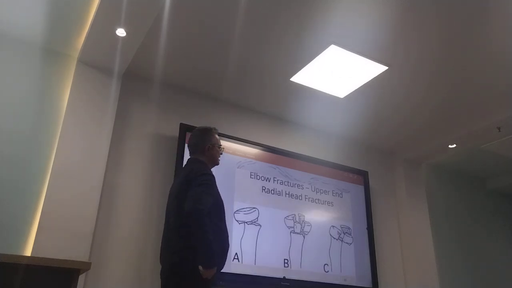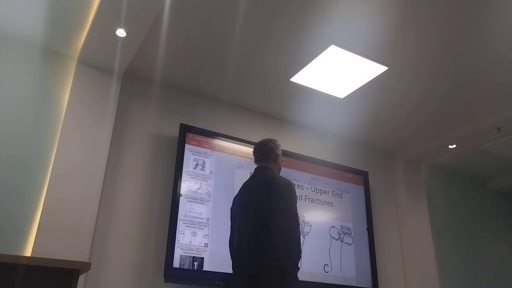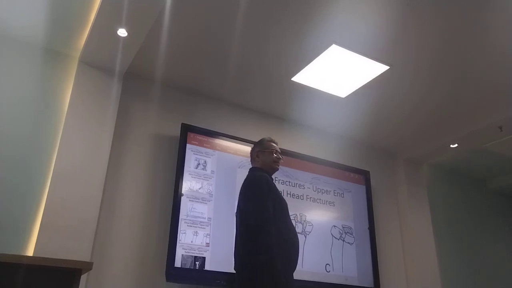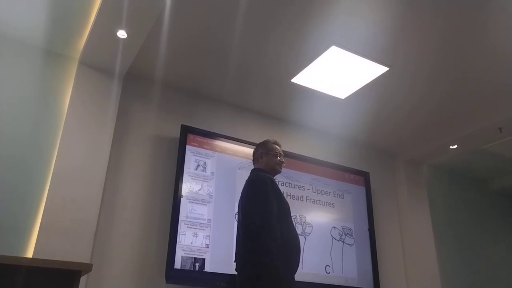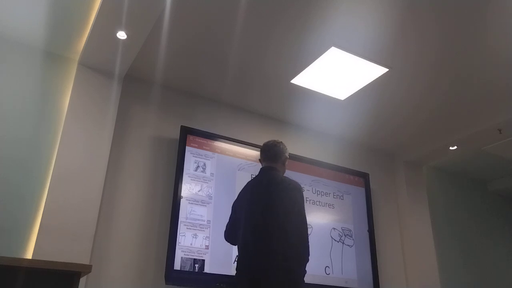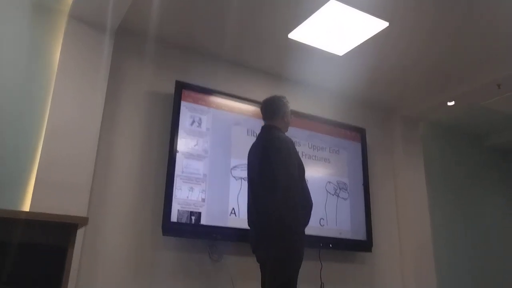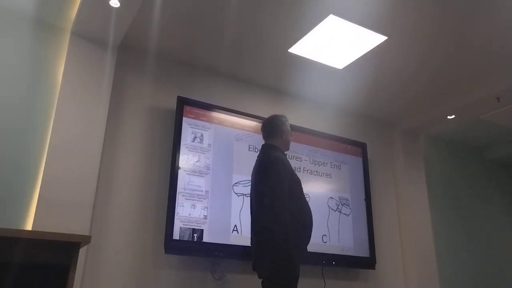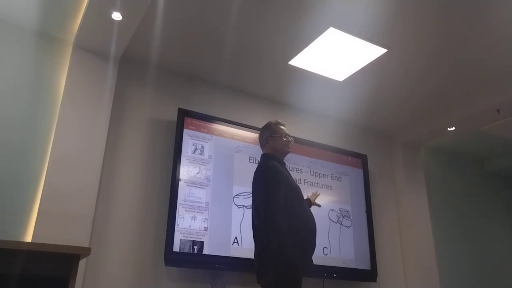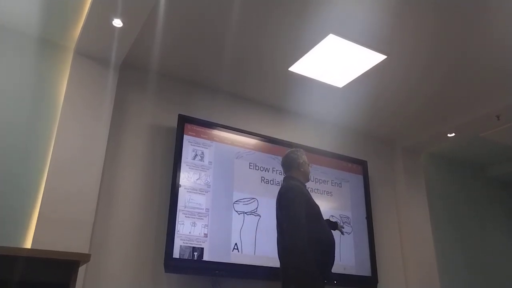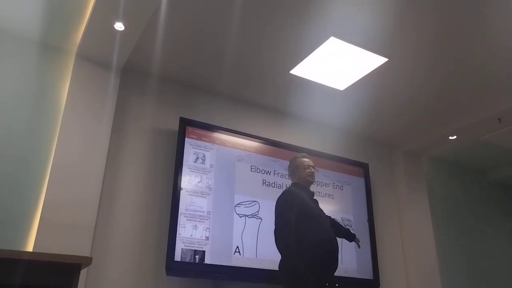This is a simple classification for the head of the radius. We explained the head of the ulna, the coronoid process, in the past session. And you know the simple fracture, the fragment fracture, multiple fragments, and the angulation.